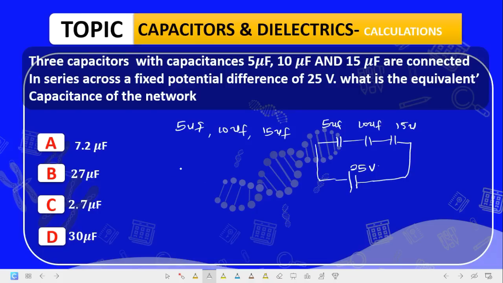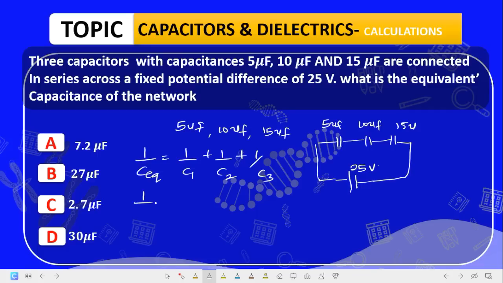What is the equivalent capacitance? Now I said that when you are finding equivalent capacitance for series connection, it is 1 over C1 plus 1 over the second capacitor plus 1 all over the third capacitor in this case. If there are more, you continue, but since there are 3, we end at this.